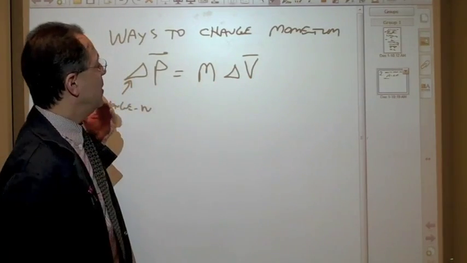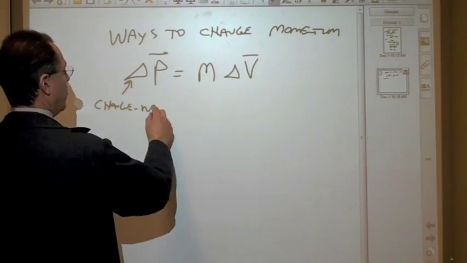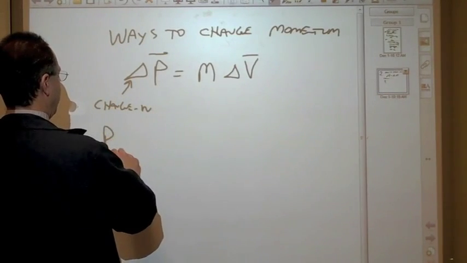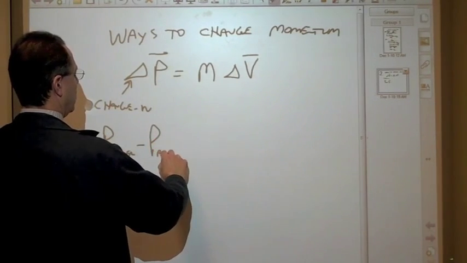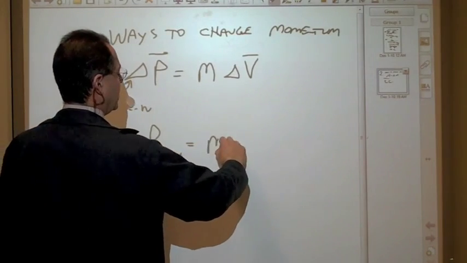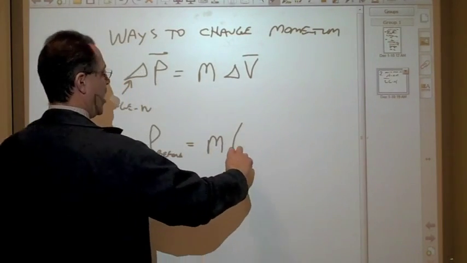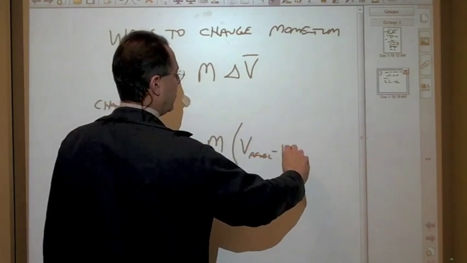Well, we could write this a couple different ways. We can say change in momentum is just the momentum after the collision minus the momentum before collision, which is going to be equal to mass of the object times its velocity after minus its velocity before.